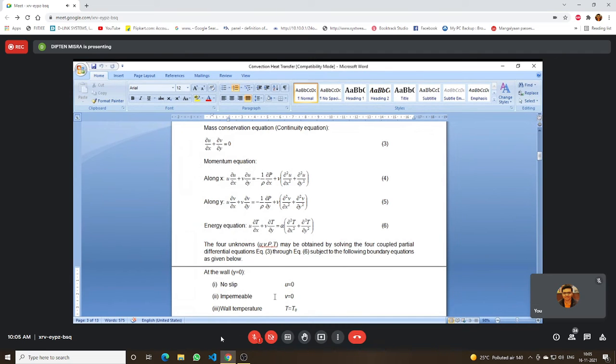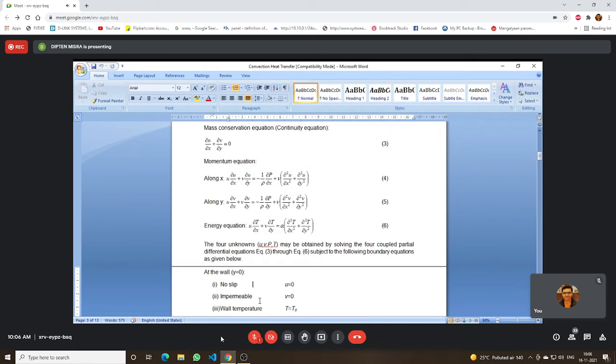And also, if the plate is impermeable, meaning there is no perforation and no crosswise flow across the plate, there is no crosswise flow being injected into the flow field. There may be a perforated plate, through which some mass may come out or be injected into the flow field.